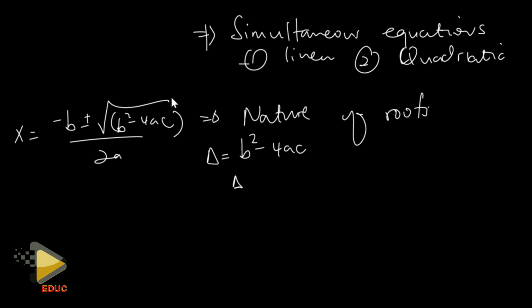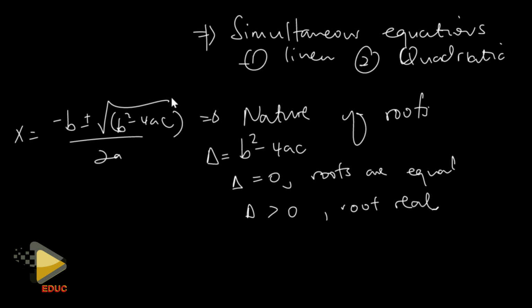If this discriminant, for which we use the symbol of a triangle or call it delta, is equal to 0, then we know that the roots are equal. If the discriminant is greater than 0, then the roots are real. If the discriminant is less than 0, then the roots are unreal, or sometimes we call them imaginary.